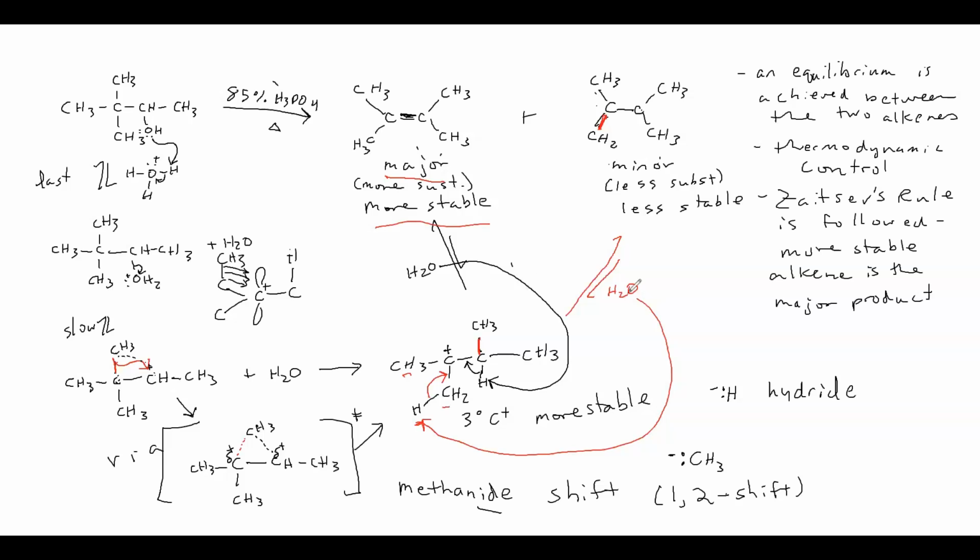Okay, so when we talk about an equilibrium being achieved, so I'm drawing these equilibrium arrows here, what can happen is if you happen to abstract the proton here and go this path and make this less substituted alkene, you can actually put a proton back on that alkene.